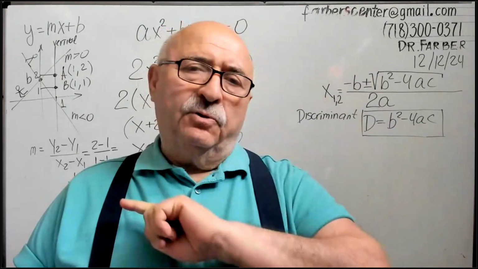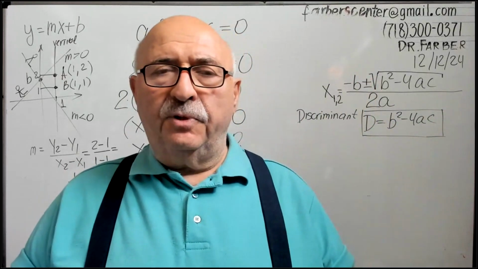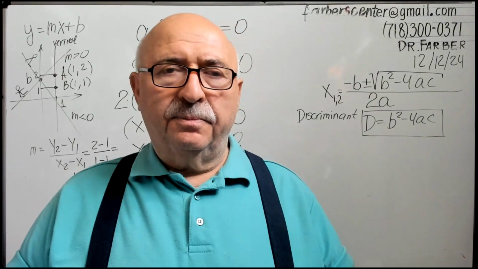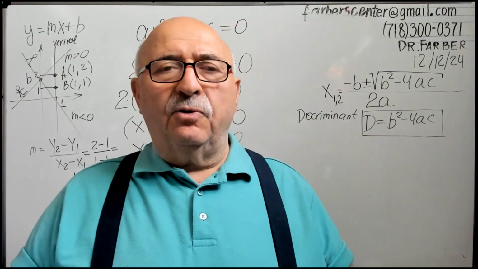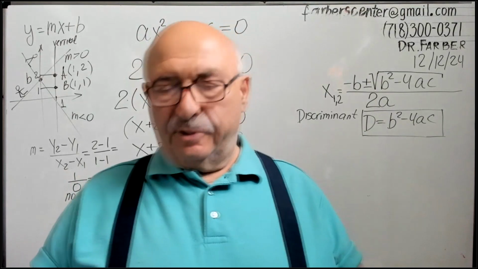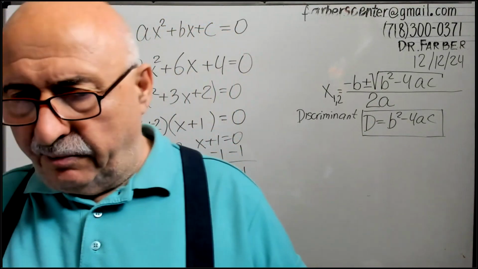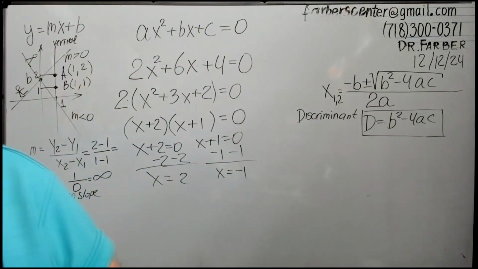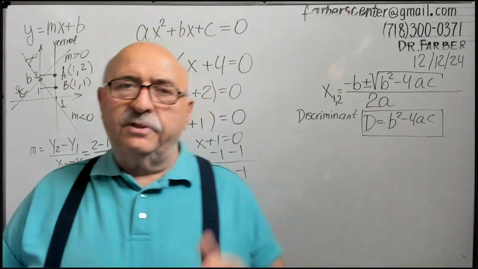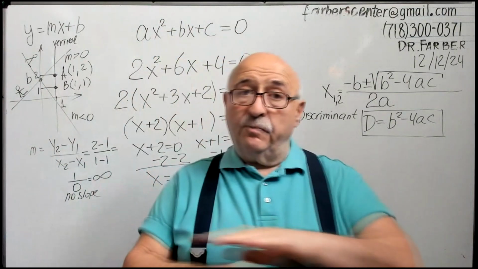One, no division by zero in any circumstances. And the second, who will tell me what is impossible for this test? Any ideas? So two restrictions. Division by zero, no way.